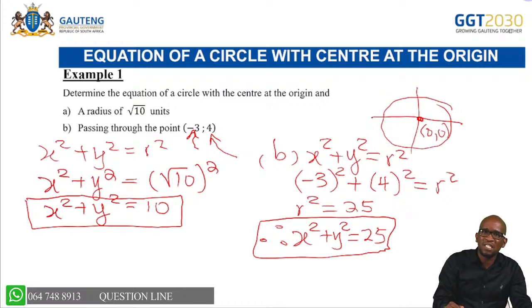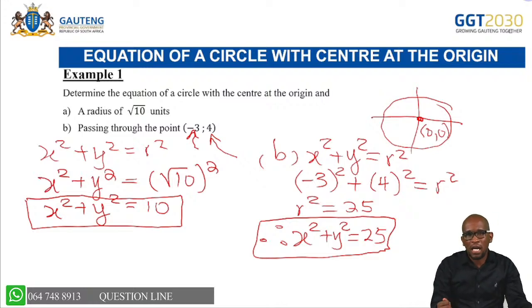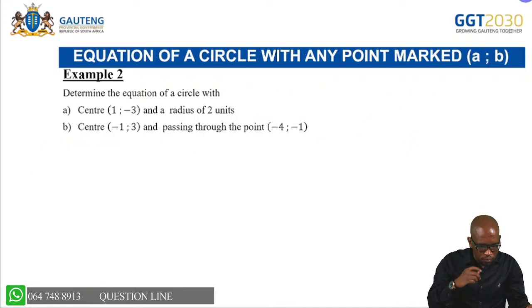You are given the abscissa, the x value, and the ordinate, the y value, which you can then substitute into the original circle equation and then calculate the value of r. After calculating r, you go back and substitute it in the original equation to get the equation of that particular circle. Right, moving on.